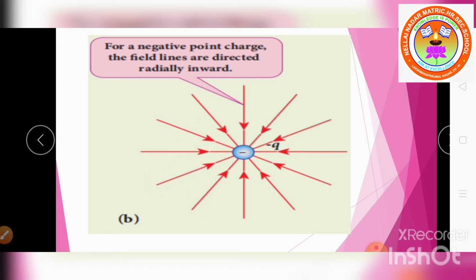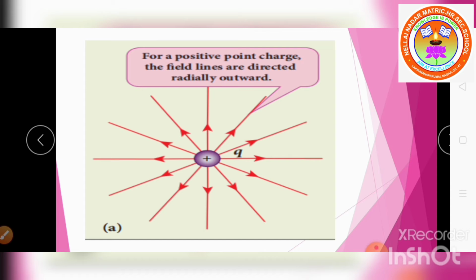So for an isolated negative charge, the electric field lines start at infinity and end at the negative charge.